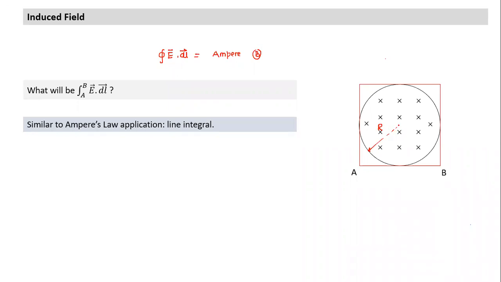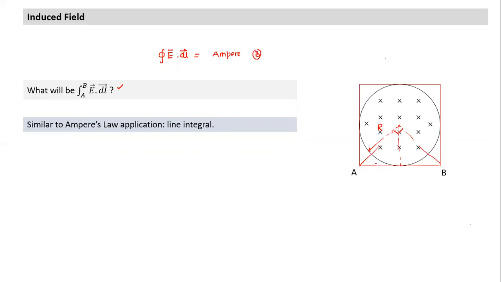And what is A to B? The figure is incomplete. A to B is like a square, and this angle is given as 90 degrees. If I have to calculate E dot dl from A to B, this is not easy to calculate. The only way you can calculate is if there is some kind of symmetry.